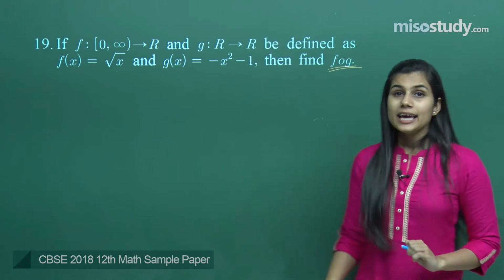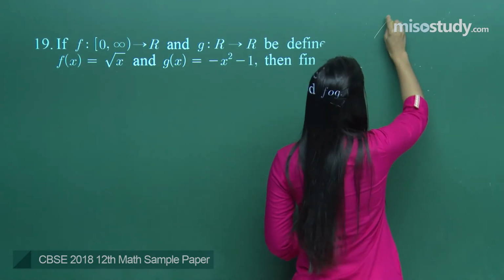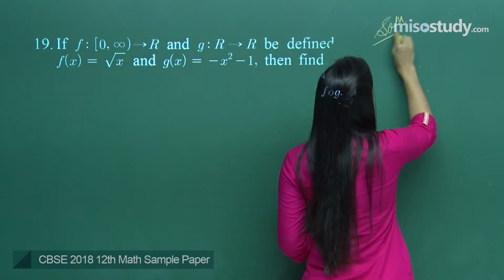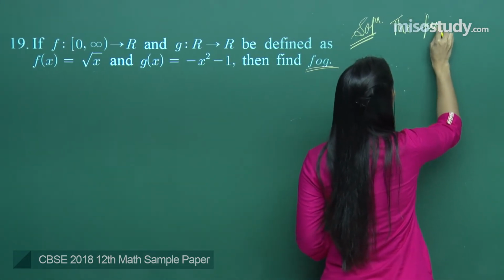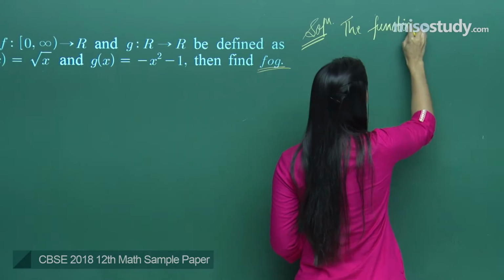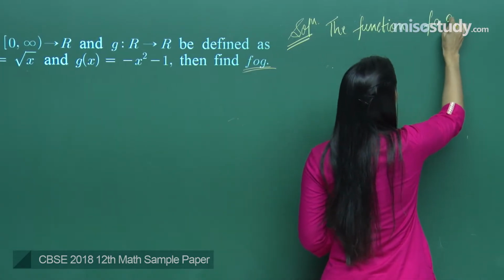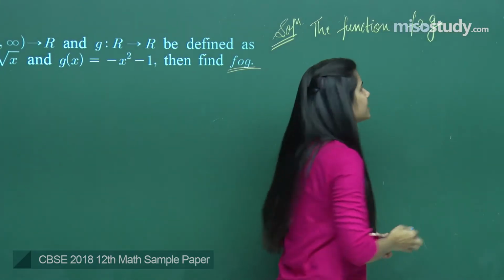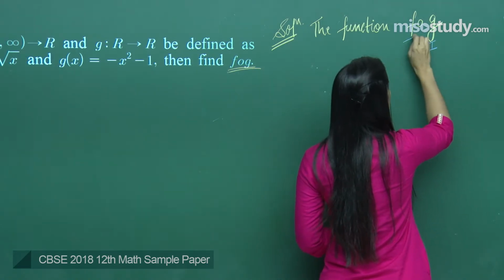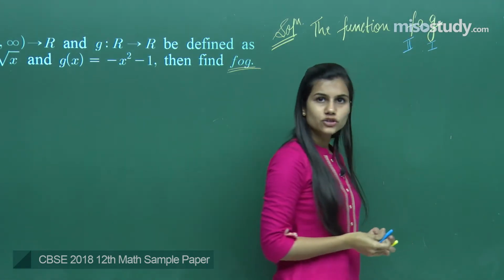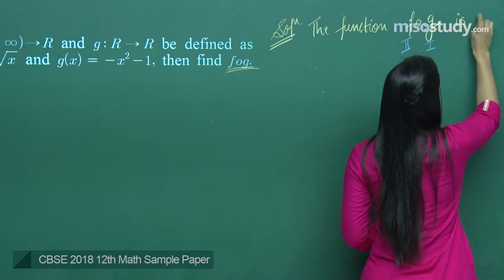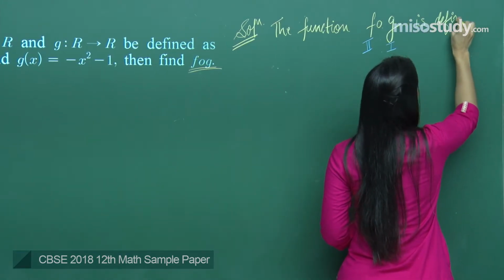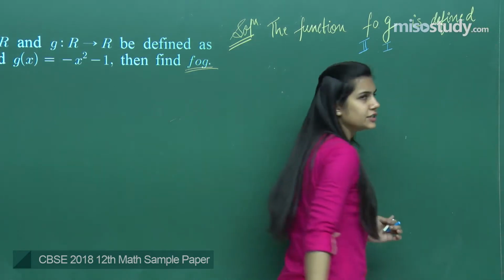So when I am saying fog, what is the concept that is required? The function fog has g written as the first and f written as the second function. We know that. When is fog defined?